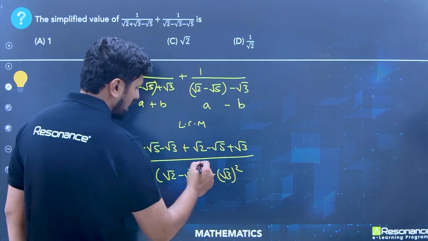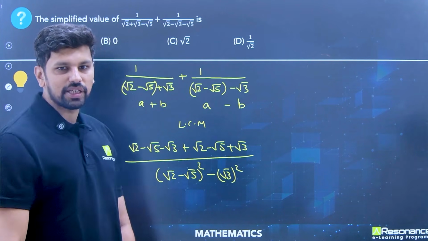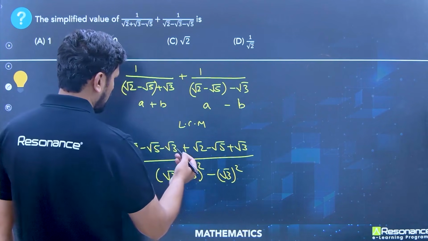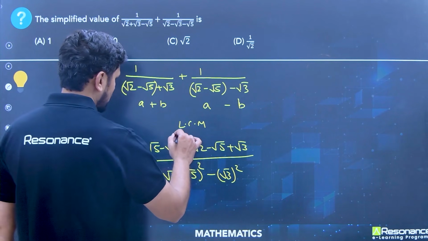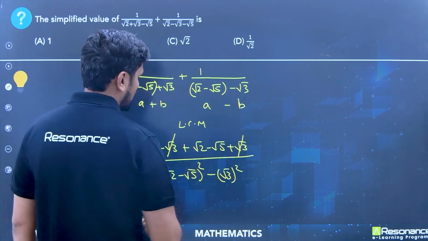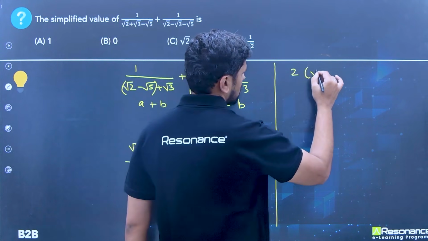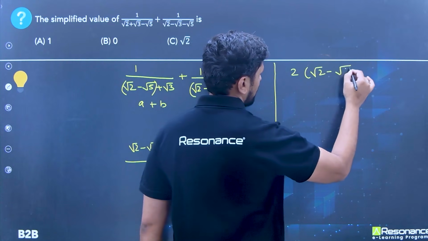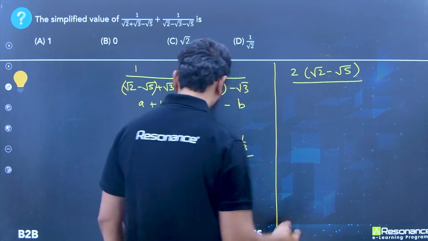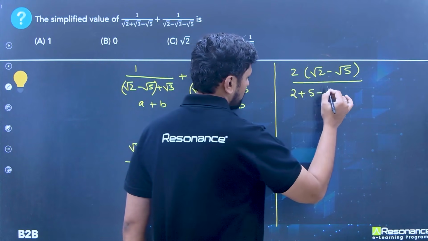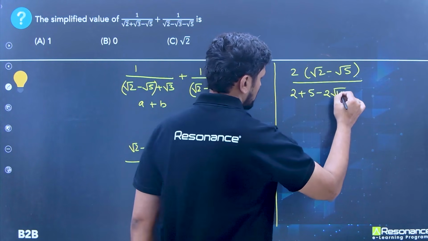So a square minus b square will be there, correct? A square minus b square. Now see what things are getting cancelled. Root 3 is getting cancelled. Okay. So we got 2 times root 2 minus root 5 here, and in denominator open it. So 2 plus 5 minus 2 root 10.